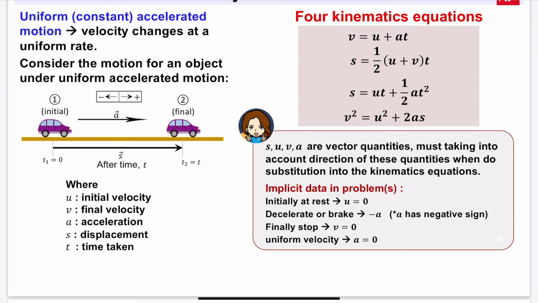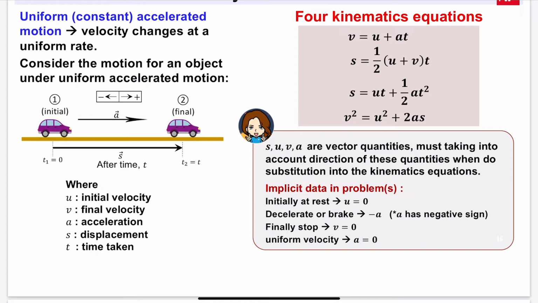Next, in the problems, the question is just a statement, so there are a few key points that we need to know. If it is said that the object is initially at rest, it means that the object is not moving, thus the value of initial velocity u will be equal to 0.